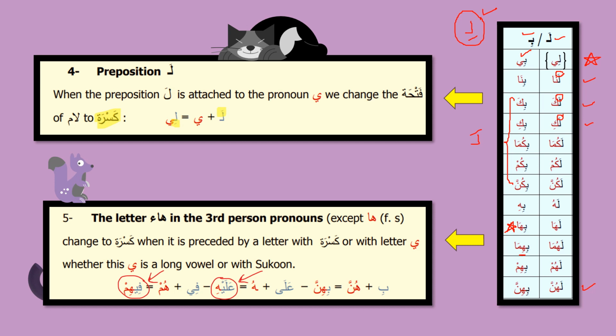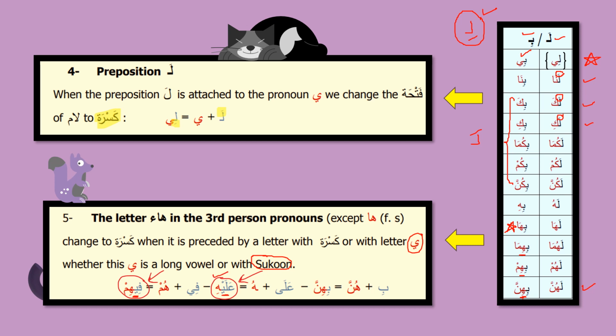Bihima, bihim, and bihinna. So remember, whether it gets attached with the ya mutakallim, the long vowel ya, or the ya with the sukoon, as you can see here, ya with the sukoon or the long vowel ya, the pronoun will change its haraka, as in fihim and alayhi.